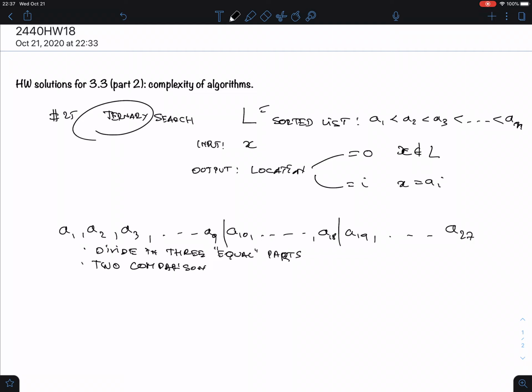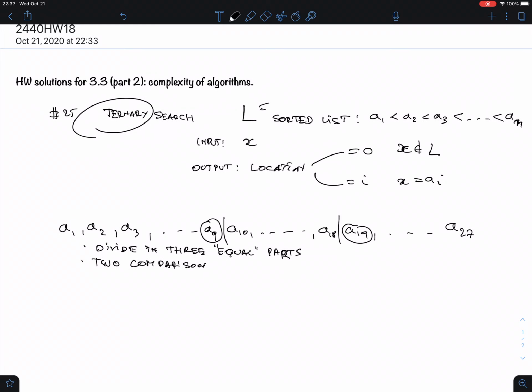Namely, you're comparing X with this element and with this element. Now, at the moment they are A9 and A19, but I should be careful. Eventually I will have a list that remains. This is the remaining list, and that is the list that I divide in 3, and then I take the element that is located here and the element that's located here.